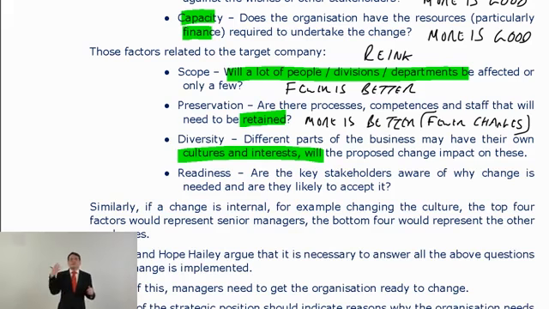You need some of them to say yes. So diversity, more different kinds of people. More diversity is better because somebody's going to say yes.